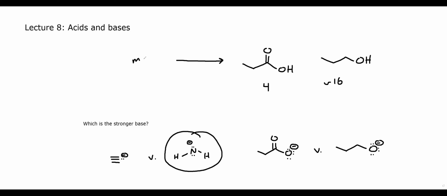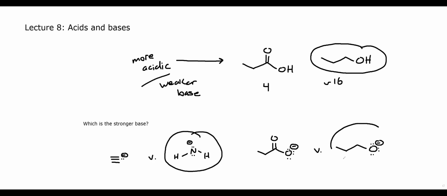This is the stronger acid, which means it's going to be a weaker base. So what's our stronger base? Our stronger base is the weaker acid, which will be this negative charge here, the oxygen which has been deprotonated from propanol. Okay.